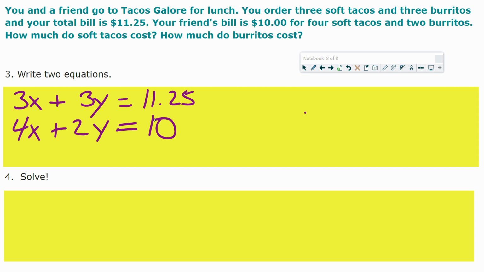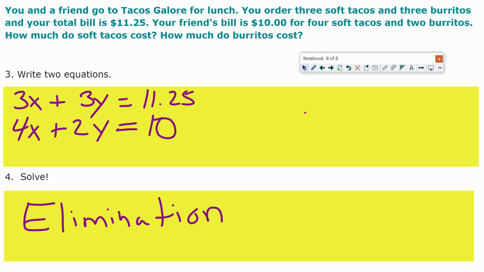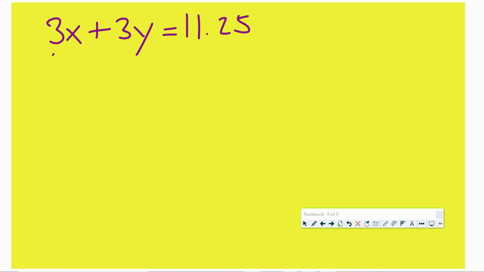So I start with my equations. I have 3x plus 3y equals 11.25, and I have 4x plus 2y equals 10.